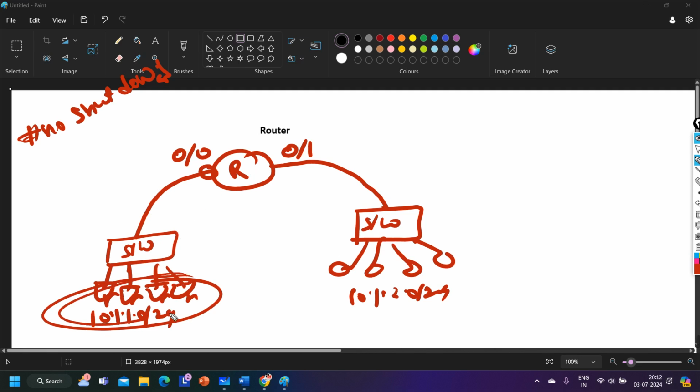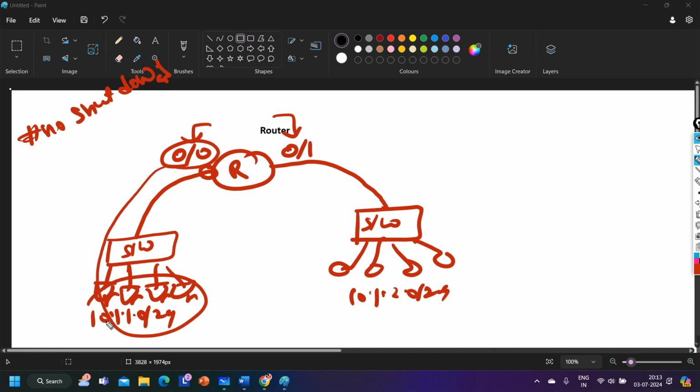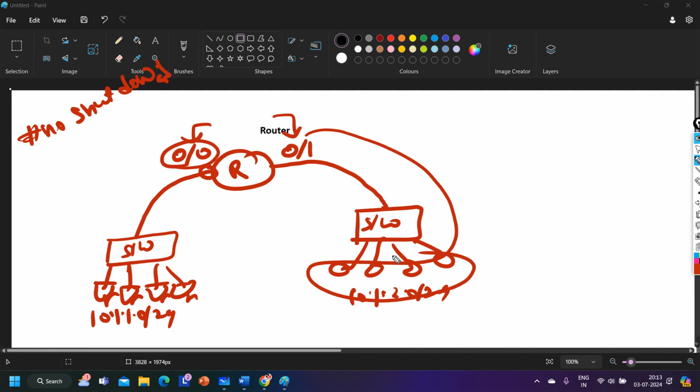See, if this device wants to communicate with that device, first it needs to communicate with the switch, then the router. So the router needs an IP address on both its interfaces, on this interface and on this interface. Through this interface 0/0, this router can communicate with these users, and through this interface the router can communicate with those users.